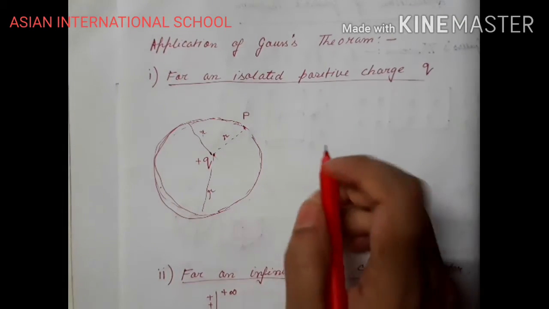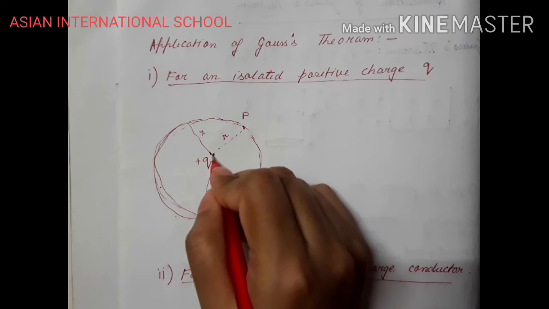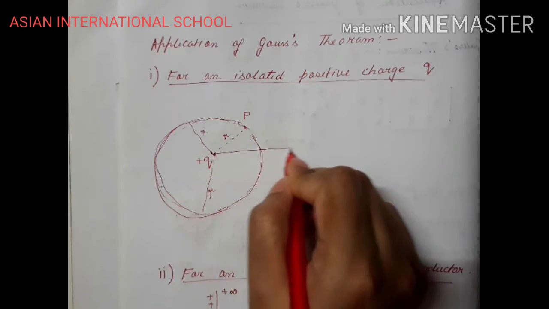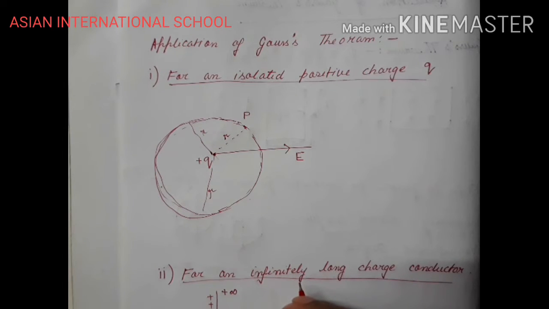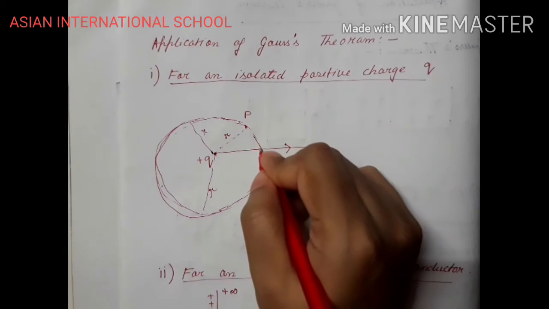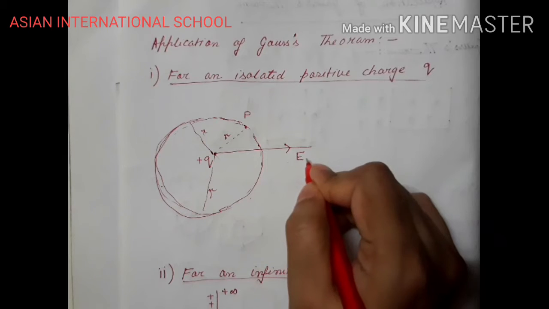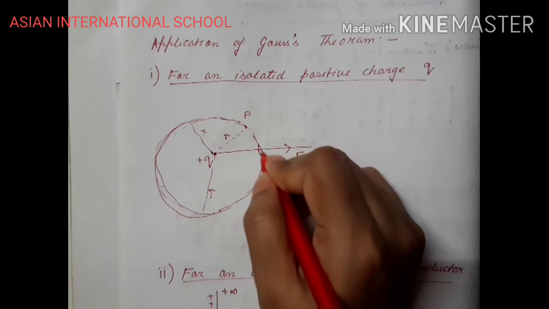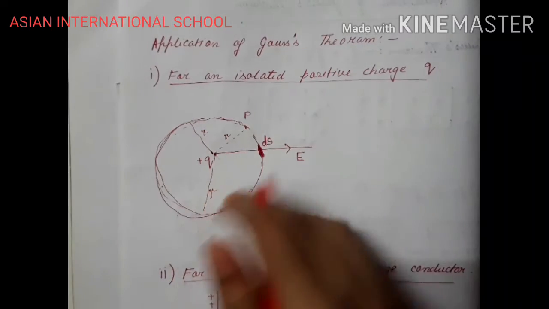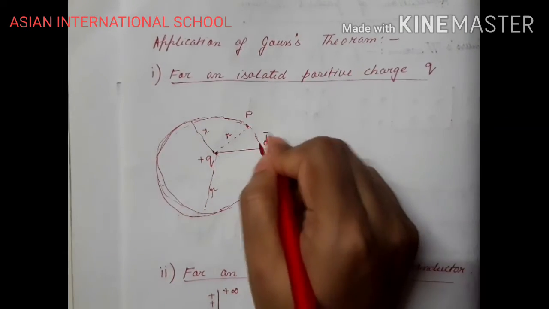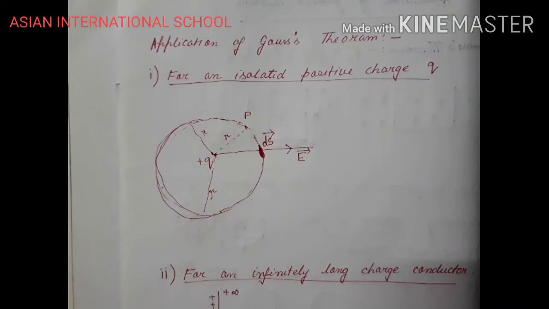So here is the charge Q, and this is the direction of the electric field, which is radially outward. To calculate the electric field, I am choosing a small elementary portion, ds. So this is the E vector, and this elementary portion is the ds vector.